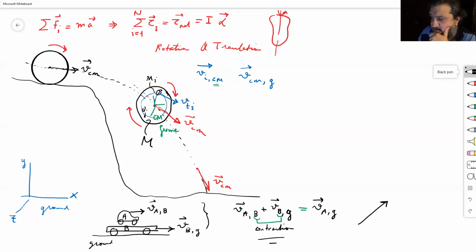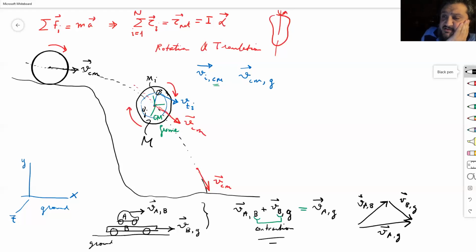So in general, this could be as simple as this. This is what VAB is, and this is VBG. This will be VAG. Now let's apply it to the velocities here again. Remember, VI,CM meant the velocity of the ith particle in the center of mass frame with respect to the center of mass.